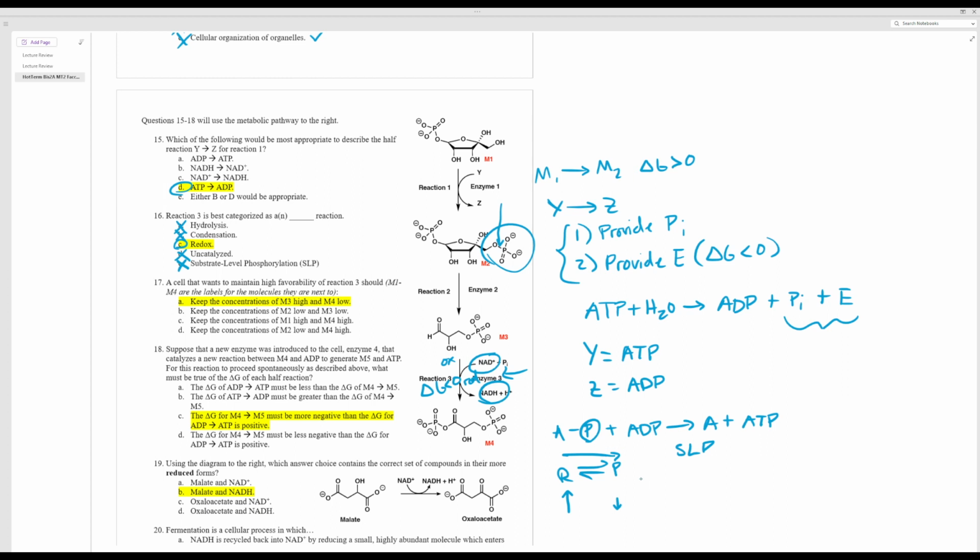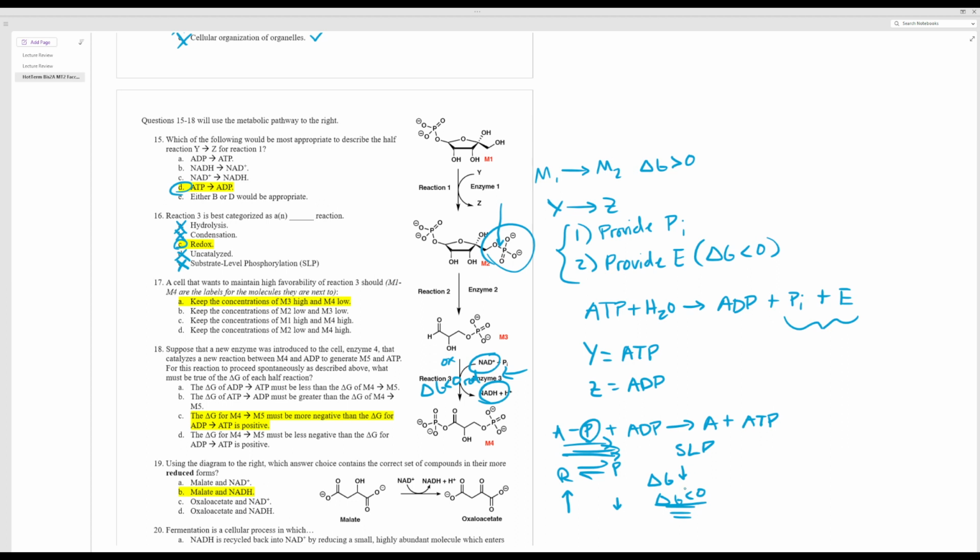And remember, favorability. If we increase the favorability of a reaction, we're decreasing its delta G, right? Its delta G is becoming more negative. So this is just Le Chatelier's principle. You increase the reactant concentrations and decrease the product concentrations. You shift the reaction to favor more products, aka you're making that forward reaction more favorable.